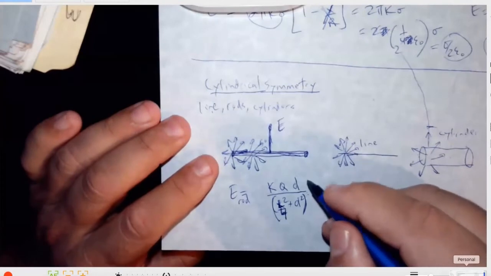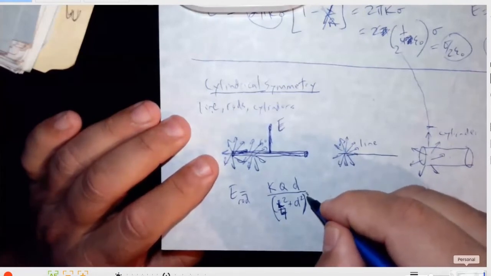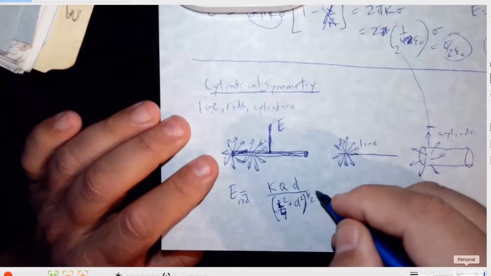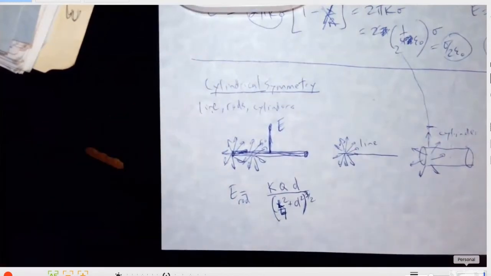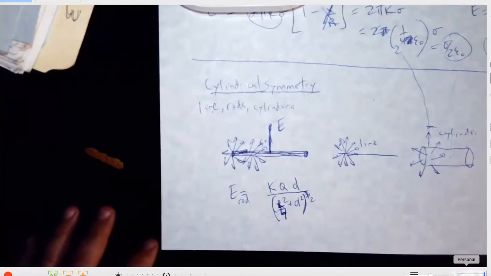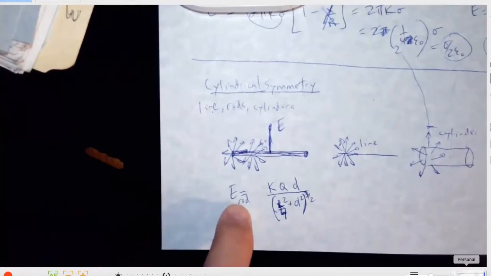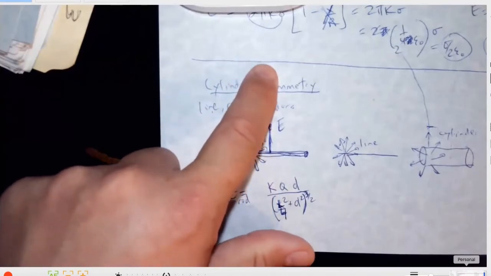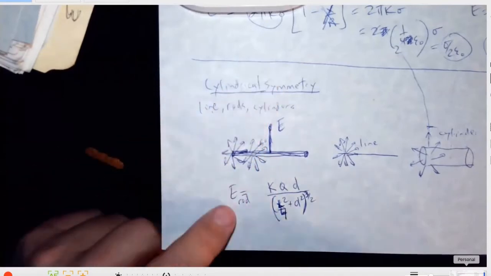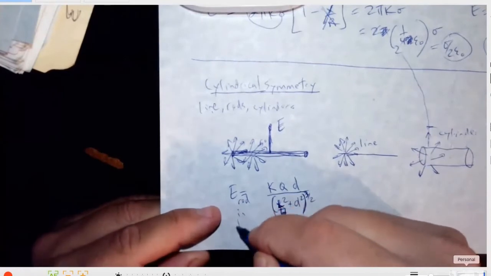Now, how can I know if it's 3/2 or 1/2? Well, I think it was 3/2. But I can do a test to see what this equation should give me when I go to infinity. So this is the electric field of the rod in the middle.